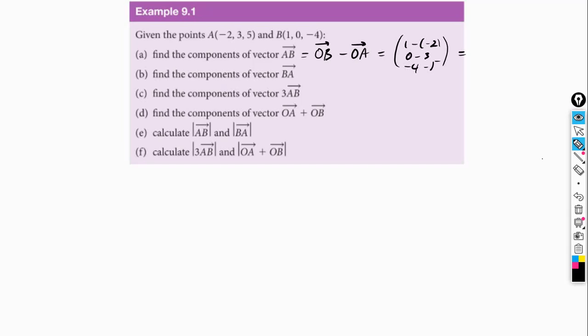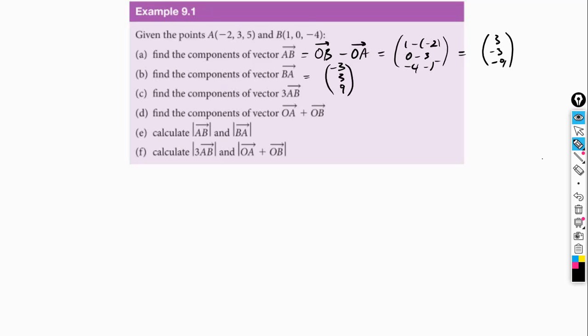So notice that we're going to get the vector 3, negative 3, and negative 9. For part B, it says find the components of vector BA. So this is just the opposite of vector AB. In other words, vector BA is going to be negative 3, 3, and 9.